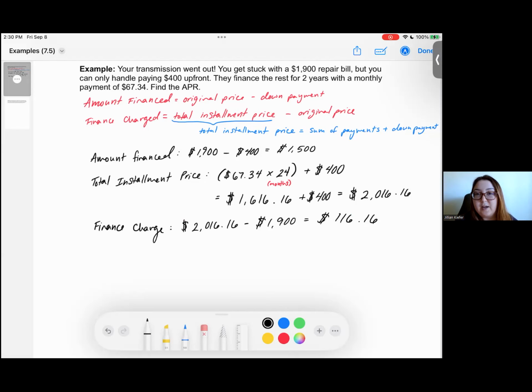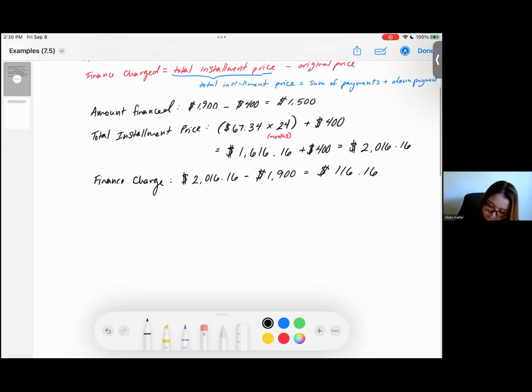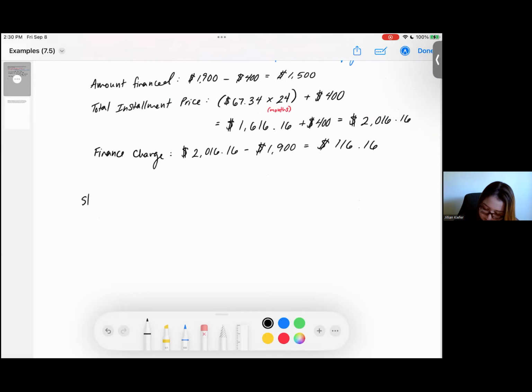So for our steps on how to use the APR table, that was our first step. We wanted to find the finance charge per amount financed of $100. So we'll take that relationship and multiply it by $100. So that was our step one on that list on the last slide that we had. So we have finance charge divided by amount financed.